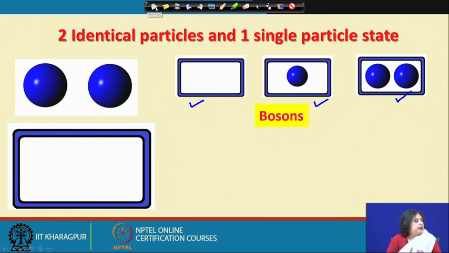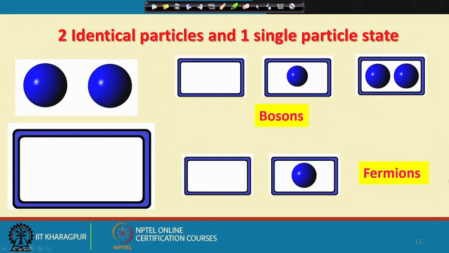Now, if I think about the fermions, what is the rule of the game for fermions? In the case of fermions, no single particle state can have more than one particle. So, for fermions, the occupation number n must be either 0 or 1.